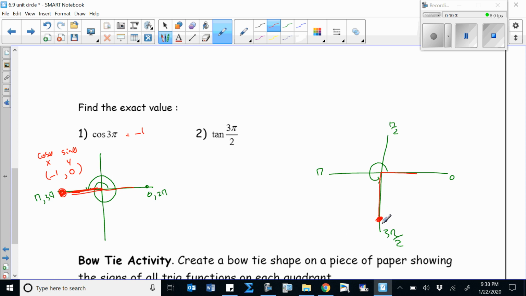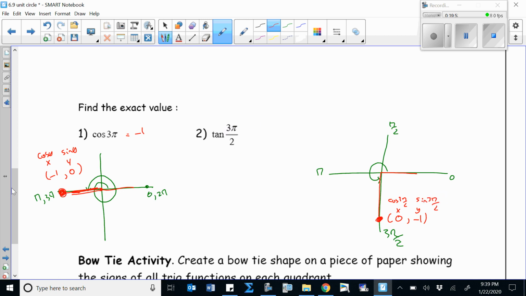To find the trig value of this, I just need to find the coordinate of this point, which is 0 and -1. So we know this one is x and y. This is cosine of 3 pi over 2, and this one is sine of 3 pi over 2.